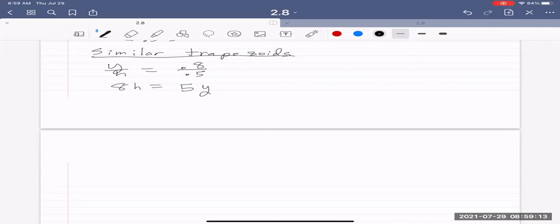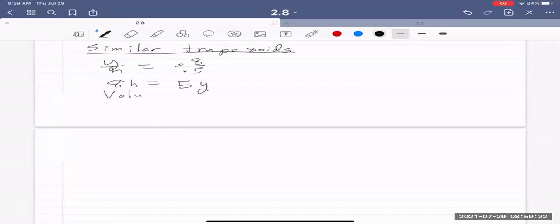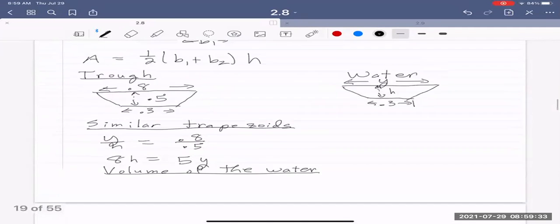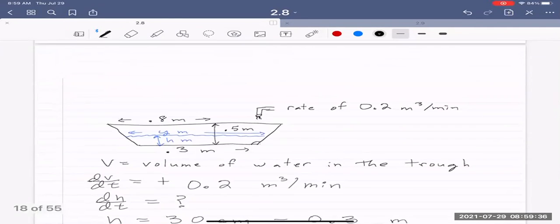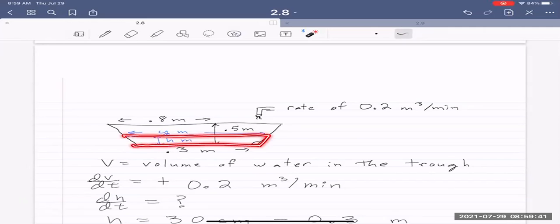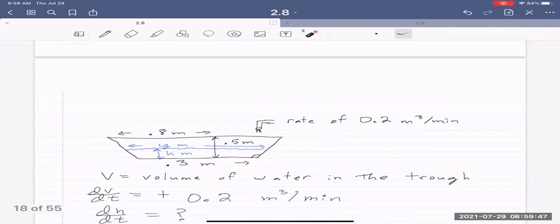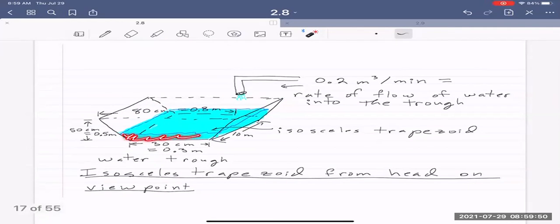So now let's try to determine the volume of the water. The volume of your water is going to be the area of this end here times this length.